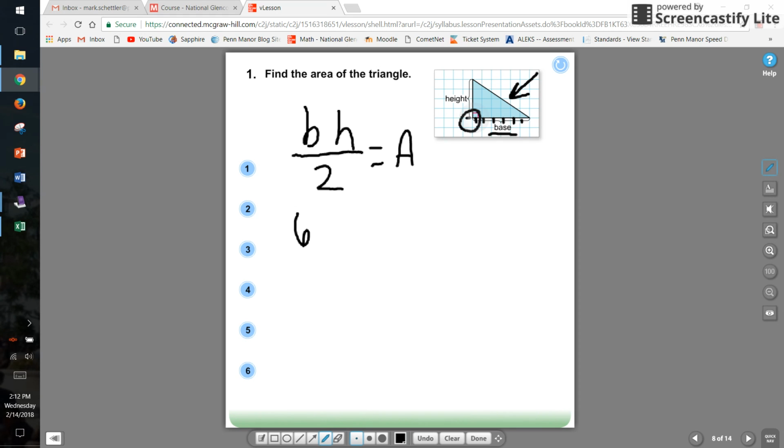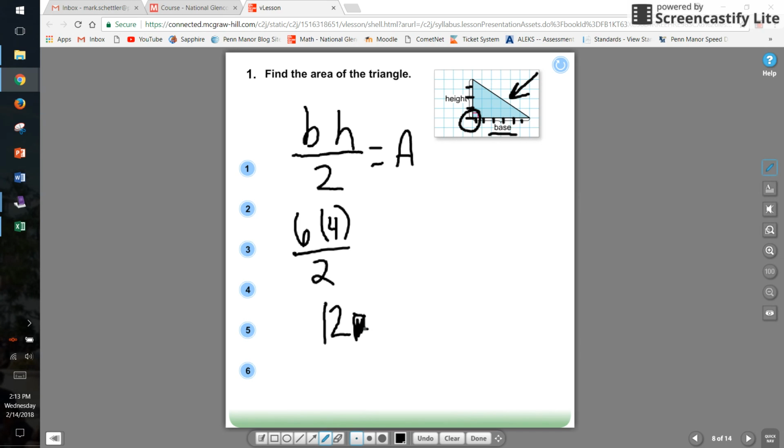And the height is 1, 2, 3, 4. Multiply times 4. Divide that by 2. 6 times 4, what is that? That's right, it's 24. And 24 divided by 2 is 12. And I'm going to label this 12.